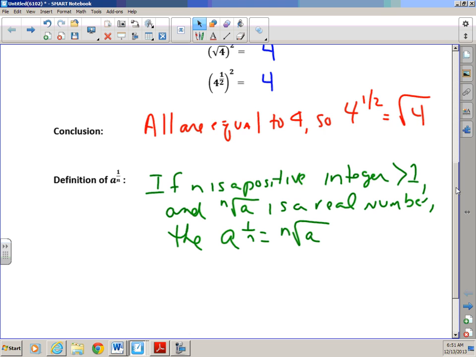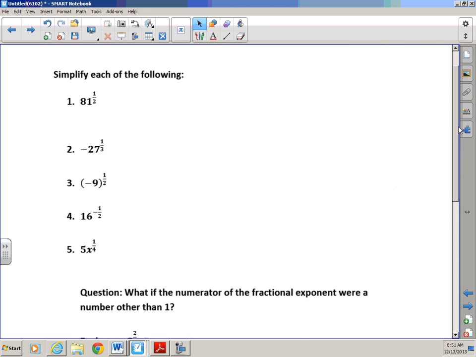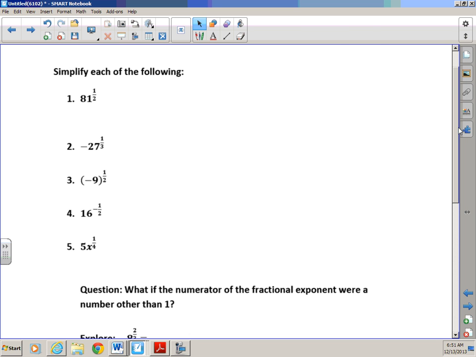Okay, so let's now go through some examples of this, which should hopefully be pretty clear. 81 to the 1/2 power, hopefully you realize that is 9. Negative 27 to the 1/3 power. Now, this concept of negative numbers raised to a power is always a little tricky for students, so I'm going to rewrite this so it's a little clearer.